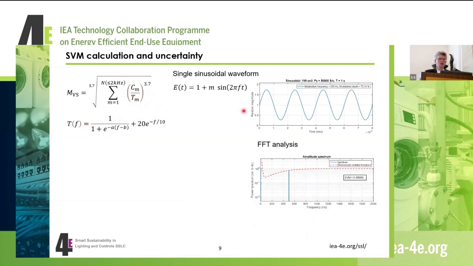For this sinusoidal waveform, we would expect the SVM value to be 1. In this case, we have only 1 peak, so all this summation and quadration up here just turns out to be the amplitude of this peak and the threshold function at the frequency where this peak is.